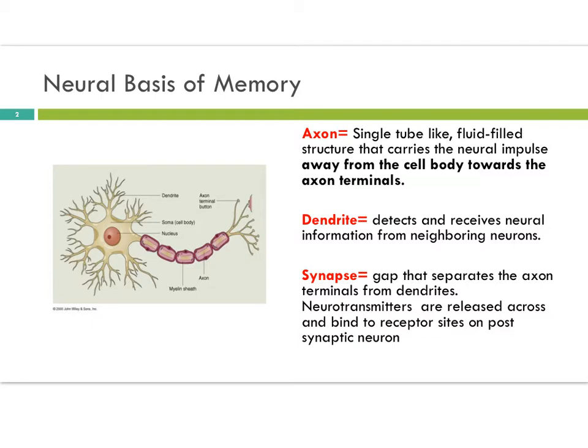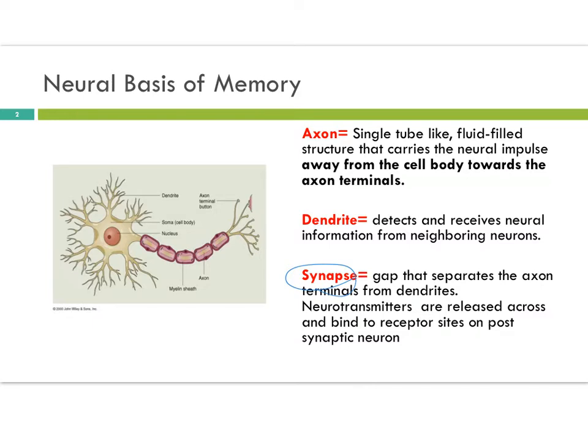You're not going to be explicitly tested on the neuron, but it always helps to have an understanding of what's happening in terms of the structures and the functions of the neurons. Now remember, the key part of the neuron in terms of the neural basis of learning and memory is, of course, the synapse. Now the synapse consists of 3 parts.